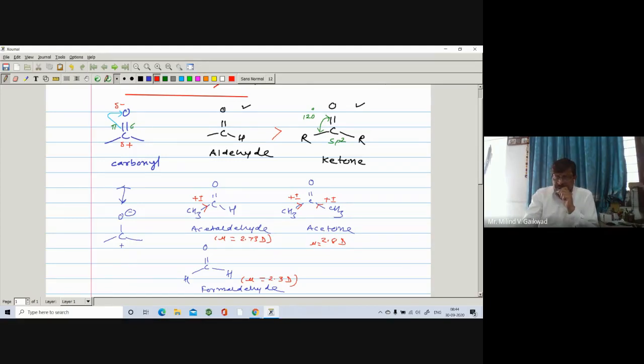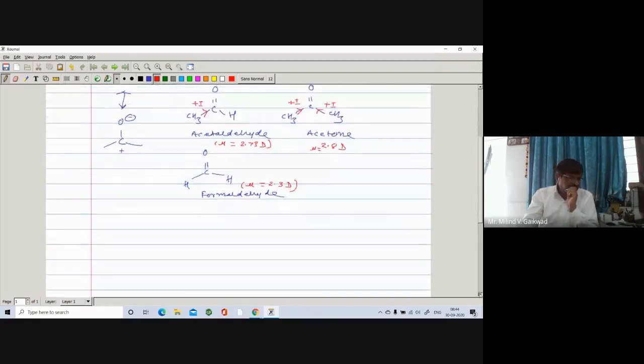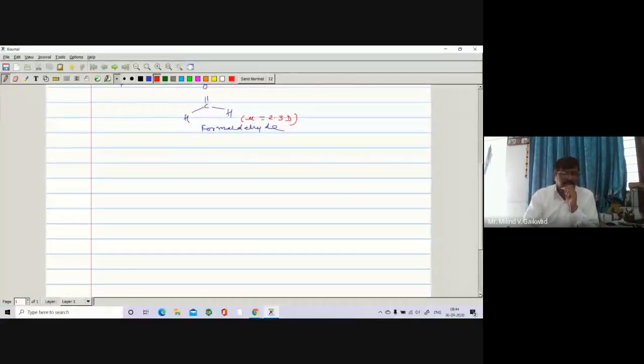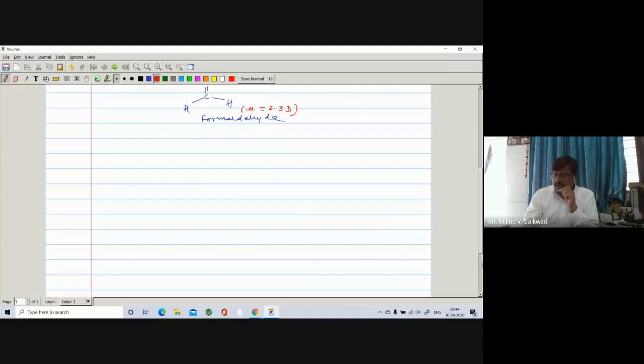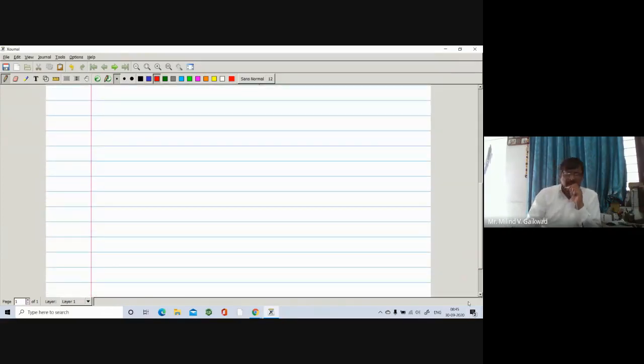Now here you have seen that the carbonyl carbon is having a positive charge. Now what type of reaction may take place? So here we have to see the reactivity of this carbonyl carbon. Here we have taken the carbonyl group, that is C double bond O, and it undergoes resonance.